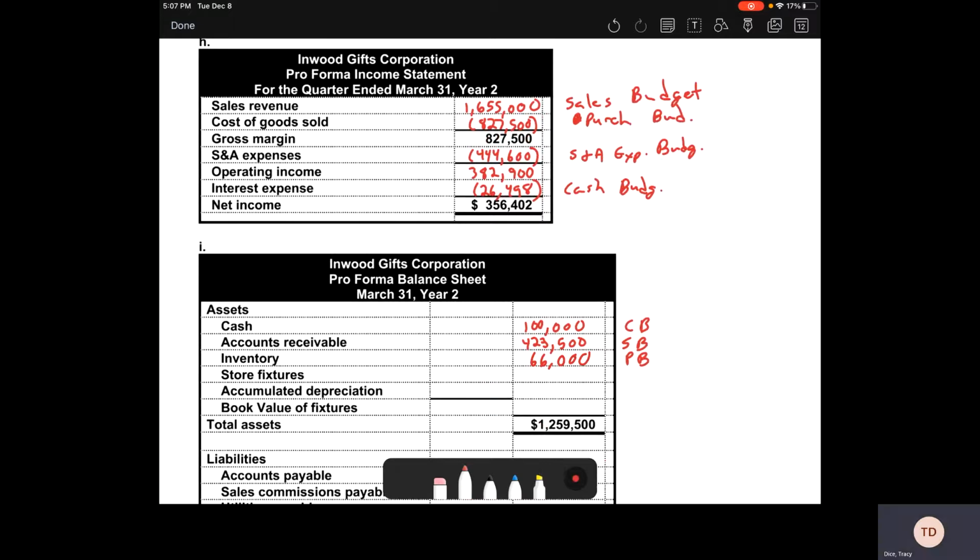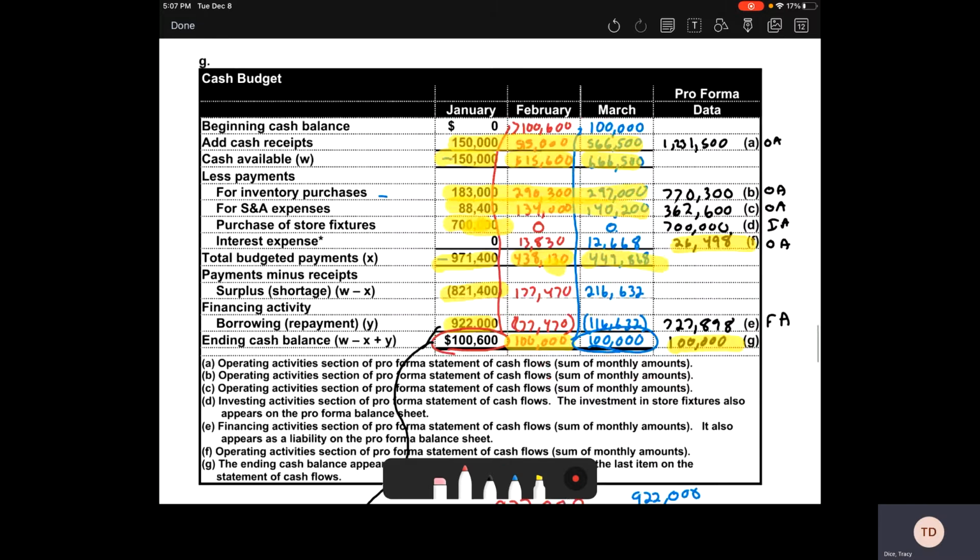And then we've got our store fixtures and our accumulated depreciation. These two both come from the selling and administrative expenses budget. I'm just going to put SAB for selling and administrative budget. So we end up with our store fixtures. We knew that they are 700,000.